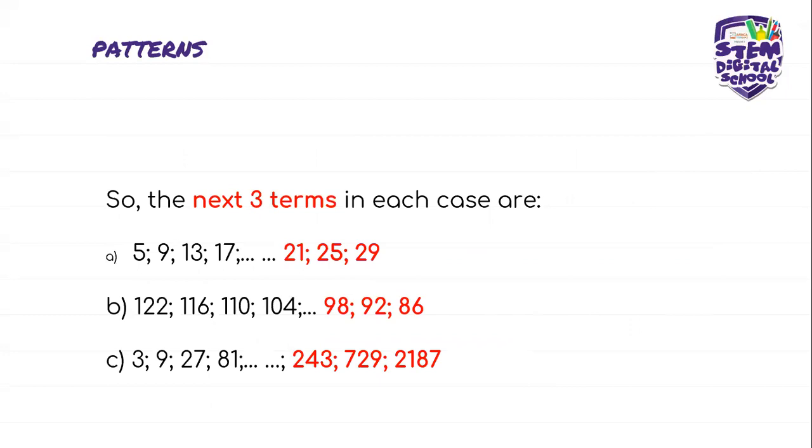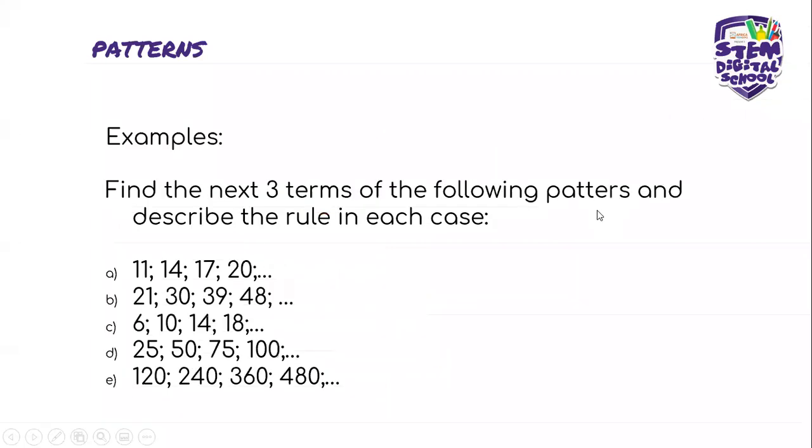You can see in red, those are the next 3 terms. And of course, the last one being 243, 729, and 2,187, where you multiply the previous term by 3. I hope that it makes sense as we carry on to do the next examples.